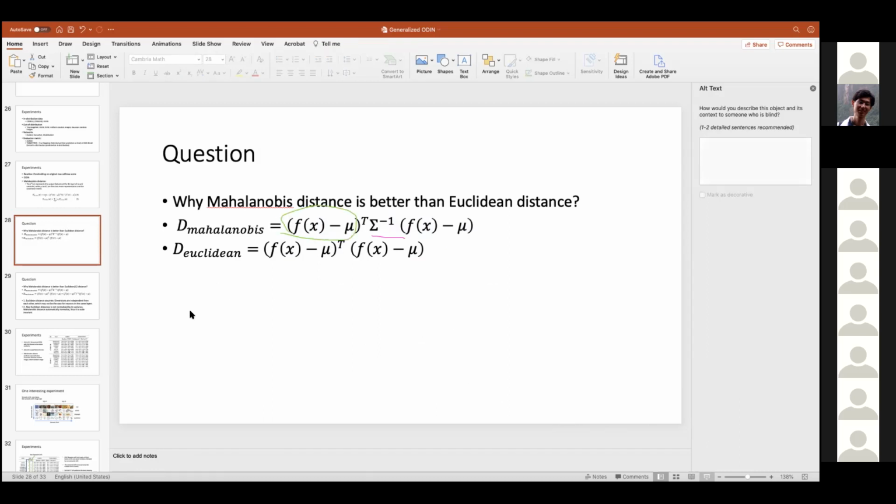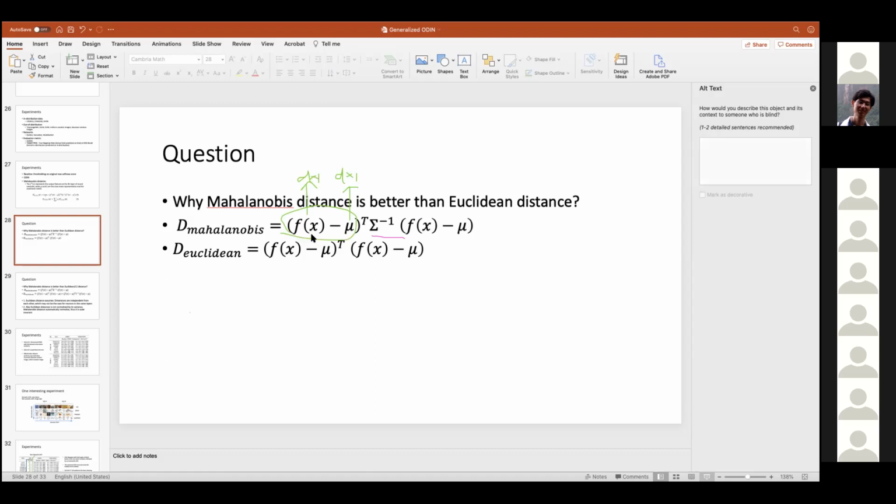Yeah. Your mu is the column vector, right? Maybe it's of dimension d times 1. And d means you have multiple dimensions, for example, multiple neurons in the same layer. And fx is of the same dimension.